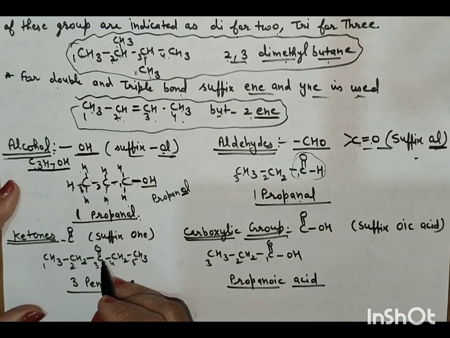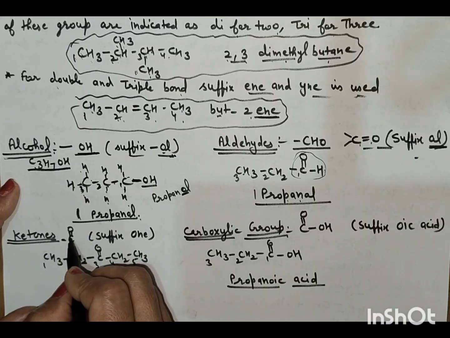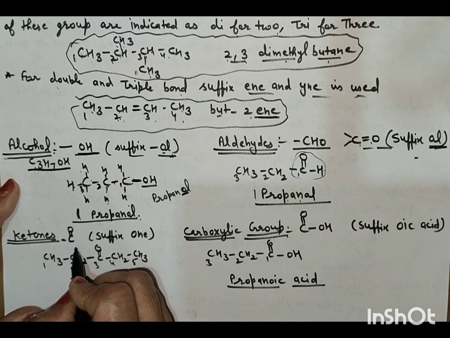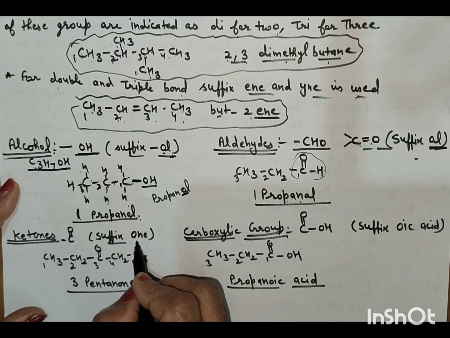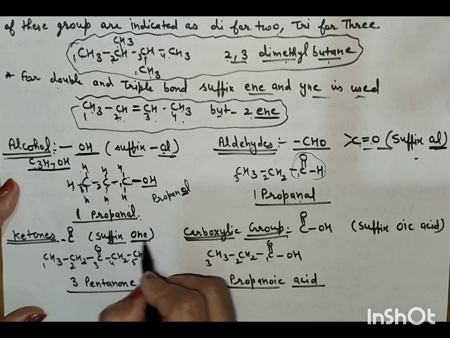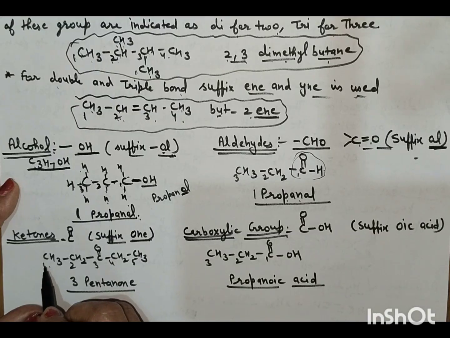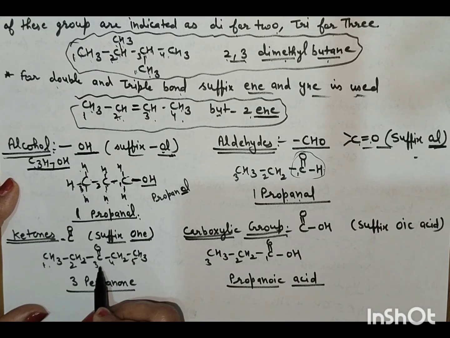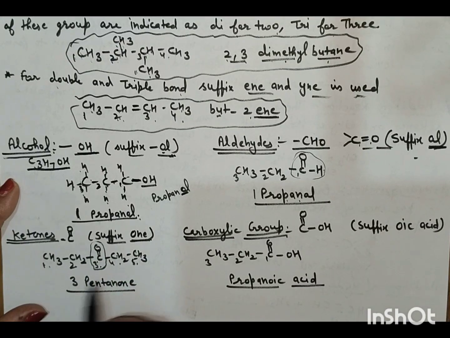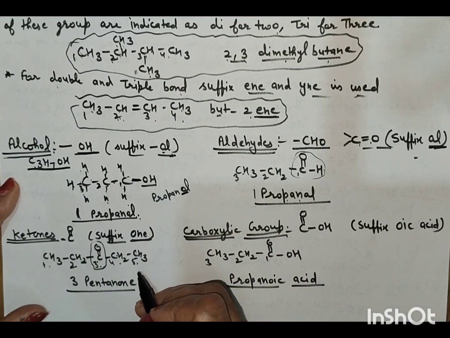Now ketones. Ketones have the functional group C double bond O and the suffix -one. Now we will write down the name of this compound. First select the longest chain 1, 2, 3, 4, 5. The functional group is at the same position on both sides, so we can number from anywhere.